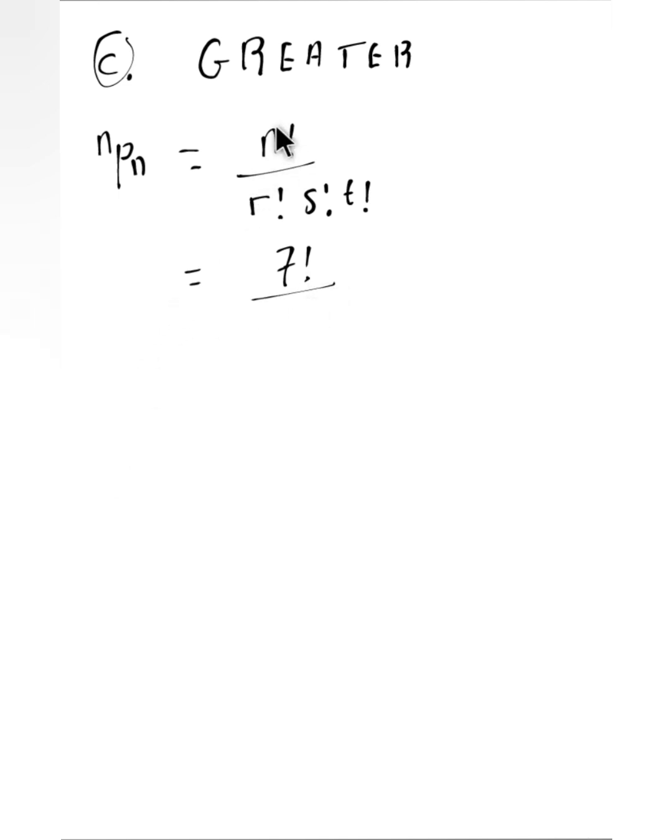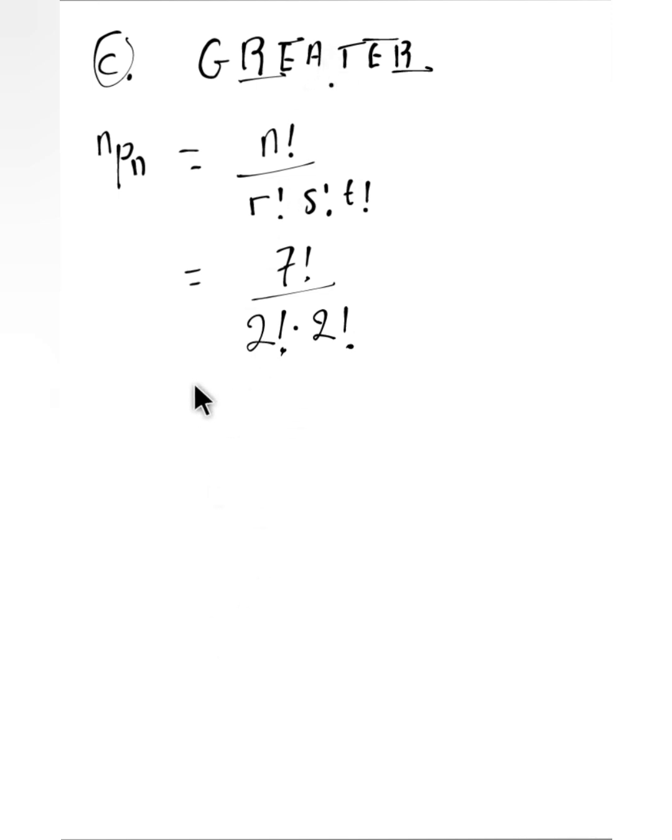So let's check which of these alphabets repeats itself. G appears once, R appears twice. So for R that appears 2 times, we're going to write 2 factorial representing R. Then E appears twice. For E, we're going to write another 2 factorial. A appears once, T appears once. Assuming A appeared twice, we'd write another 2 factorial for A. If A appeared 3 times, we'd write 3 factorial in place for A.